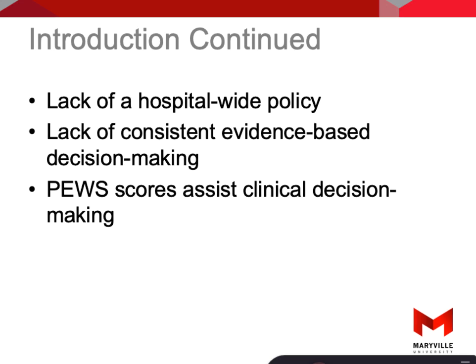The aim of this project was to reduce the adverse effects from bronchodilators in infants with bronchiolitis by decreasing the unnecessary use of bronchodilators through the implementation of a hospital-wide policy, thus improving pediatric patient outcomes and PEWS scores.